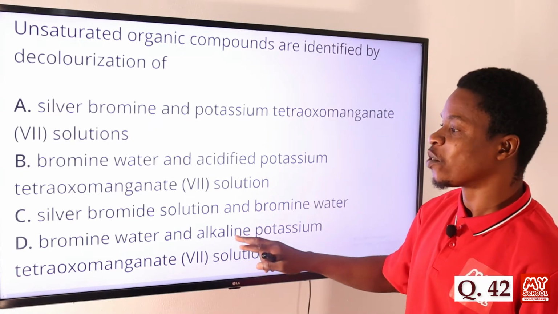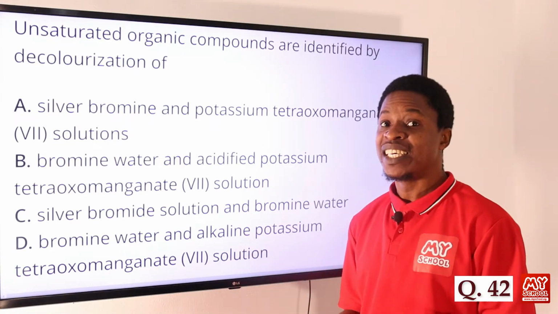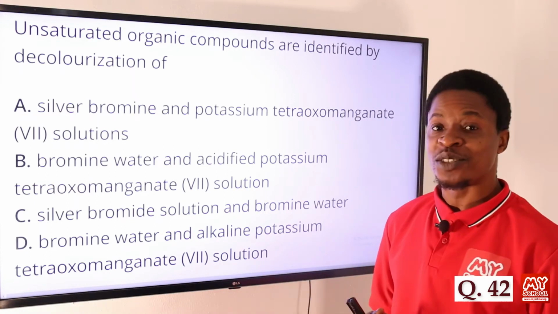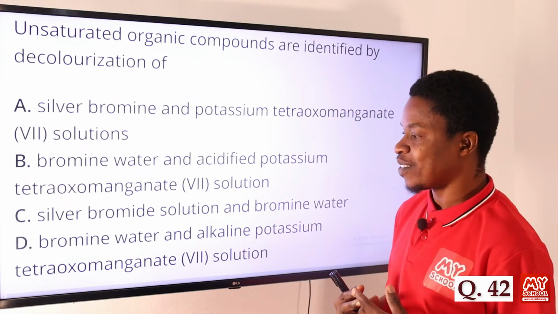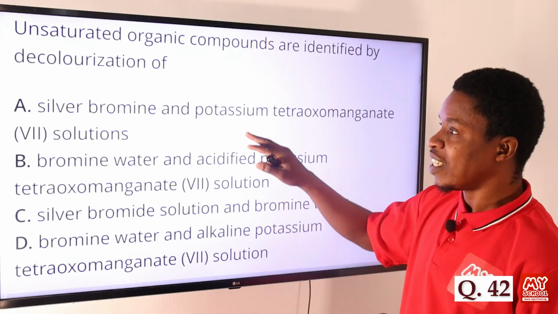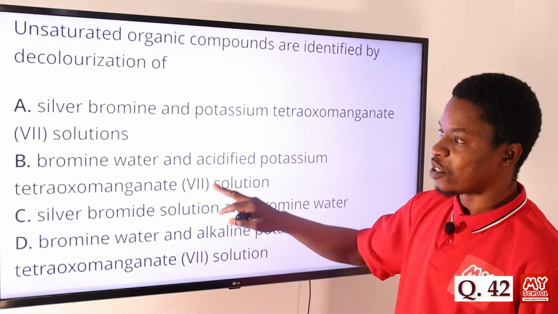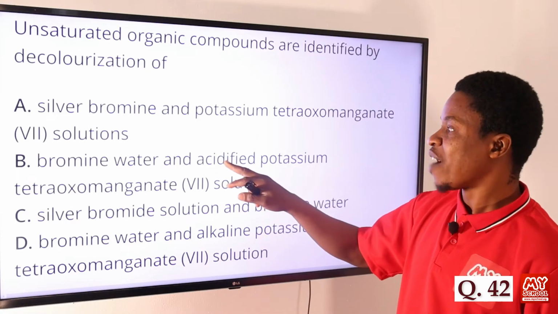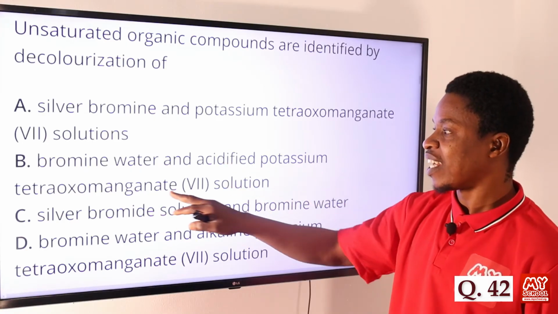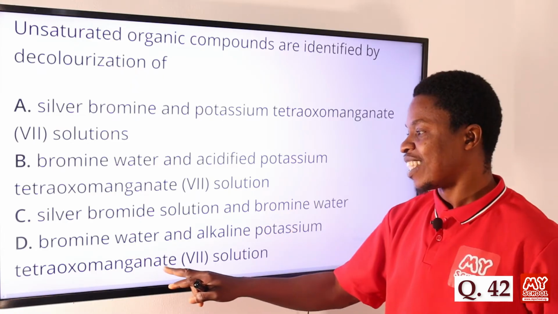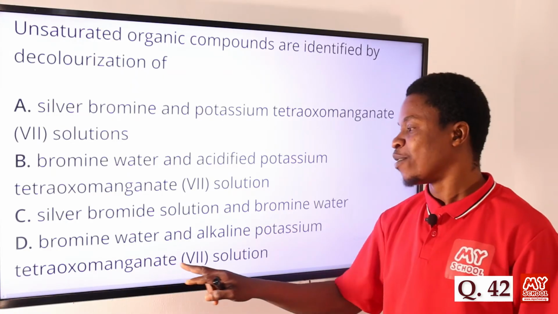If you look at these options now, bromine water usually gets decolorized, and then there is also potassium tetraoxomanganate 7 solution. So option A is not, option C is not, option B and D actually look similar, okay. Here we have acidified potassium tetraoxomanganate 7, here we have alkaline potassium tetraoxomanganate 7 solution.